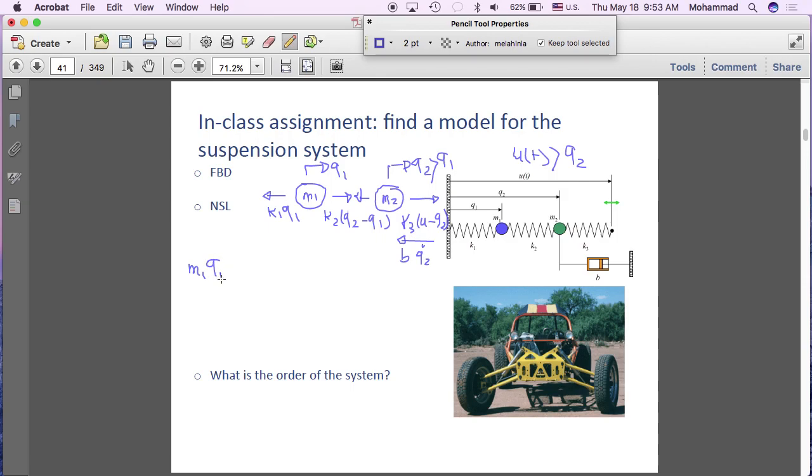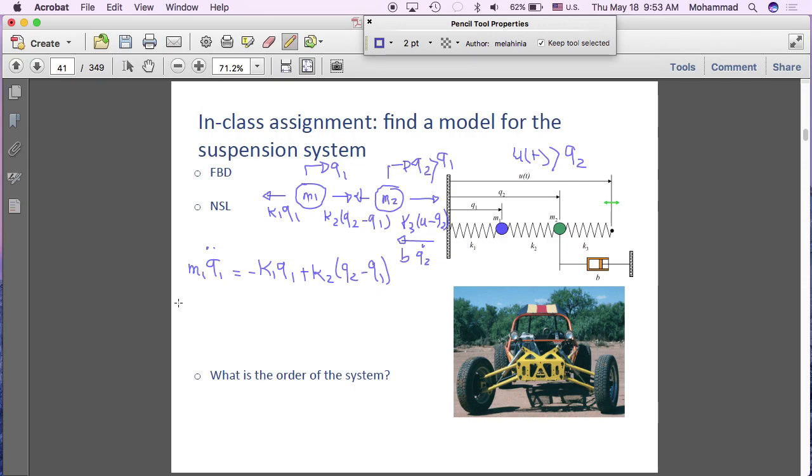So q1 double dot is the acceleration of the first mass, and it is equal to, so we have the first force in negative direction, minus k1 q1. The second force in positive direction is plus k2 times (q2 minus q1). That's for the first mass.